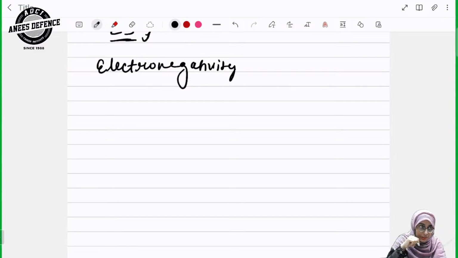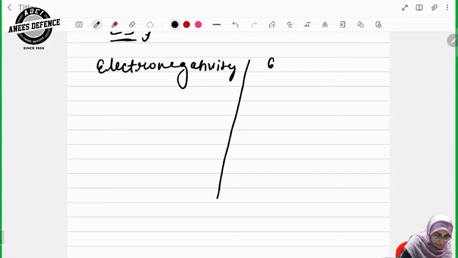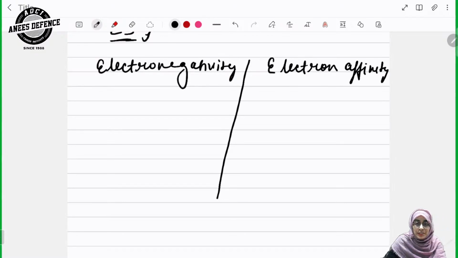There is a little difference between these two words. Let's first clear up the difference, then we will study their trends. First, we'll clear up what is the difference between electronegativity and electron affinity.